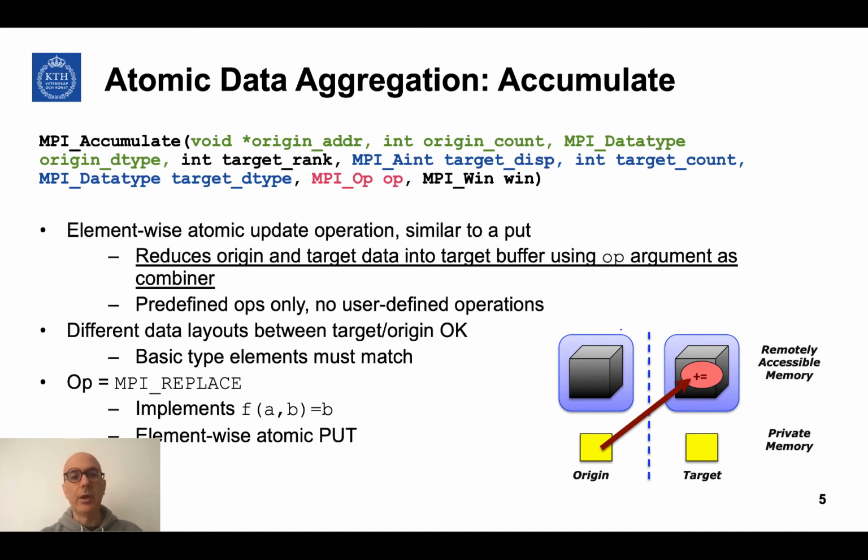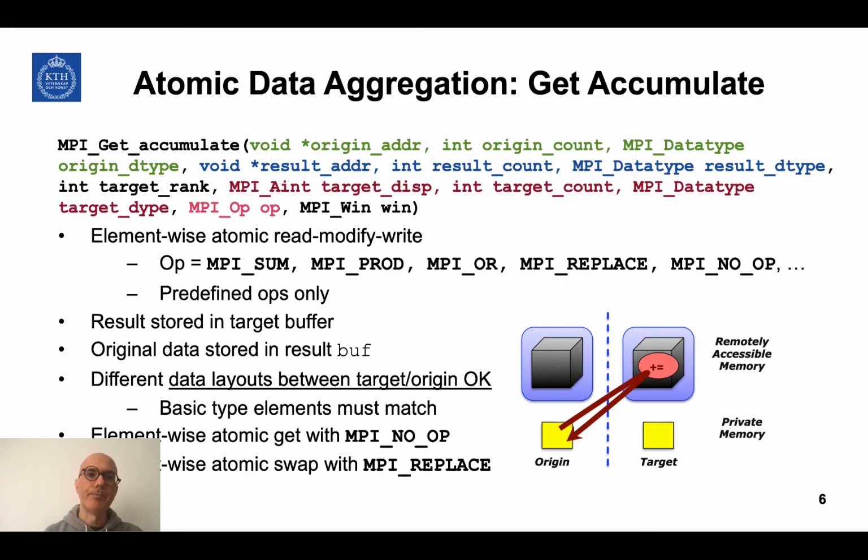We can use only predefined operations, no user-defined operations like in MPI collective operations. It's okay to provide different data layouts between target and origin, and we have a means to describe that. And we can also use the operation MPI_REPLACE, which is basically an element-wise atomic put.